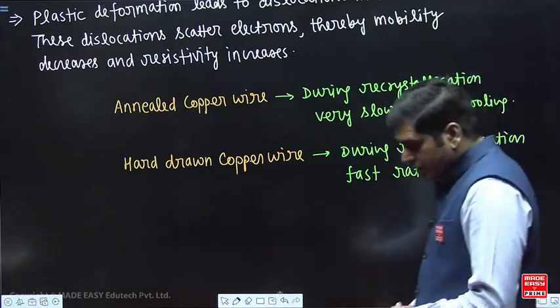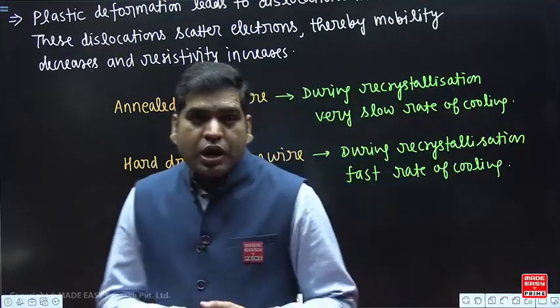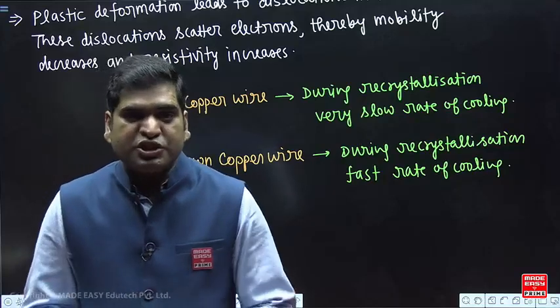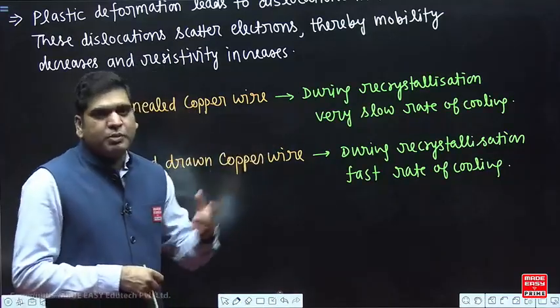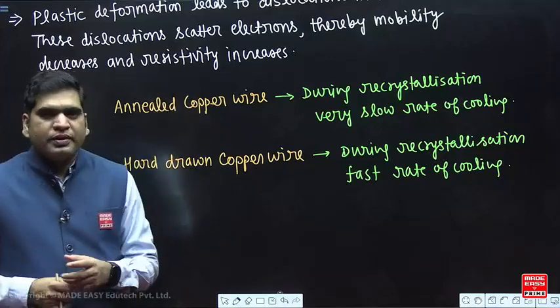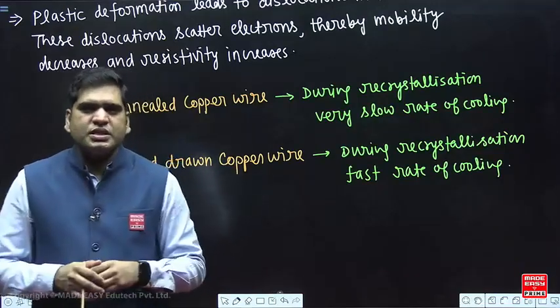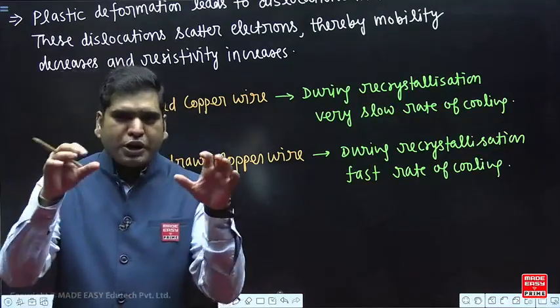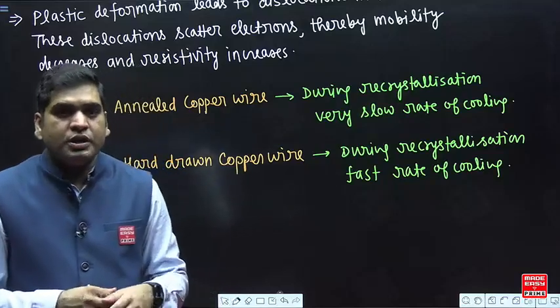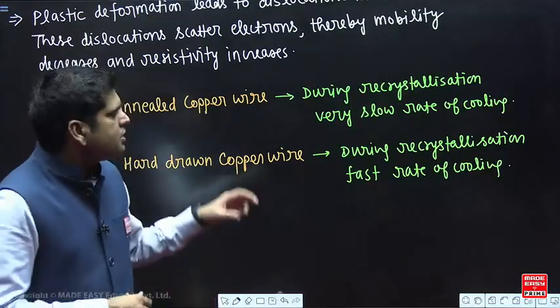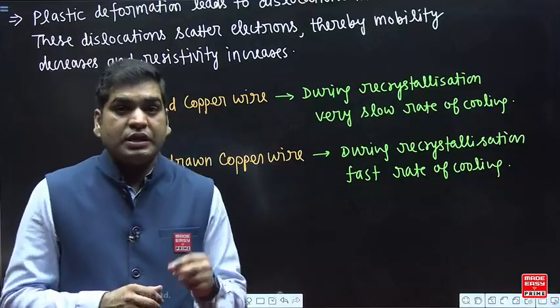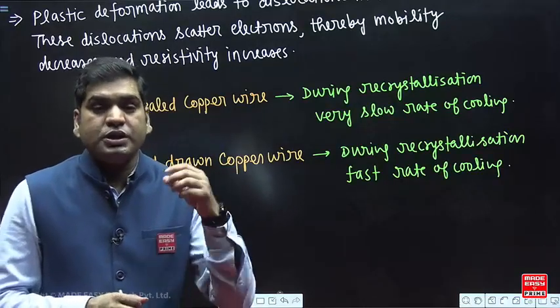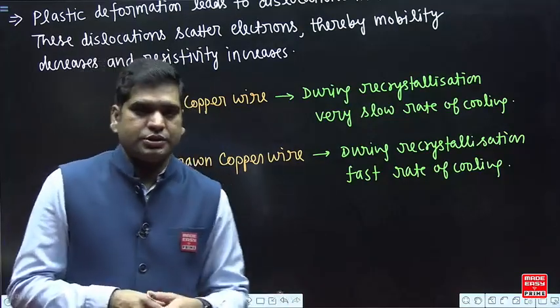Now you see, my dear material, he used to ask which one will have higher resistivity or higher conductivity. If there is a slow rate of cooling in this case, then atoms will get sufficient time and periodic arrangement of atoms will result. It means material is having less defect, and if there is less defect, less scattering, higher mobility, higher conductivity, lower resistivity.